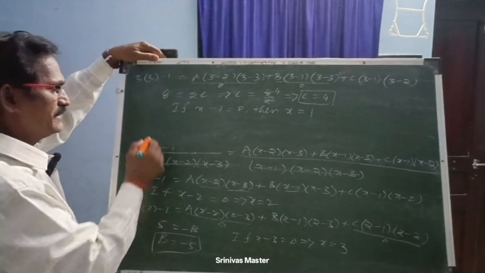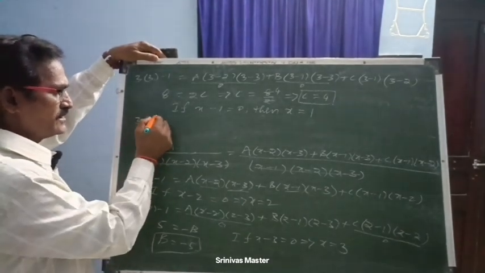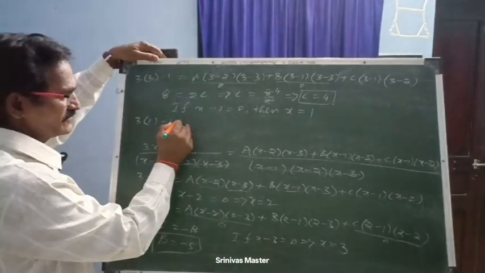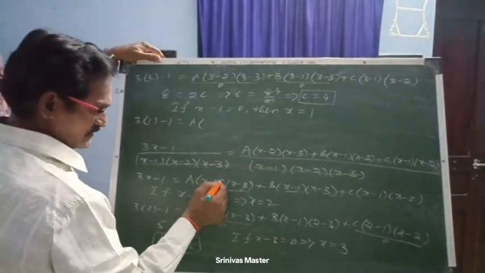Now 3x minus 1. 3 into x value, how much? 1, minus 1 is equal to a into x minus 2.